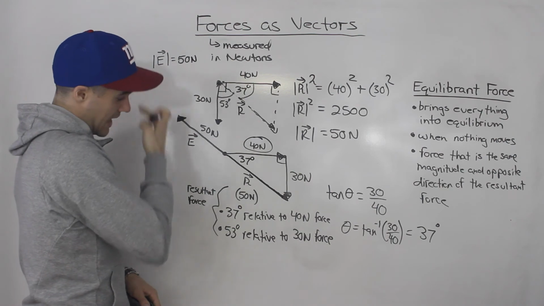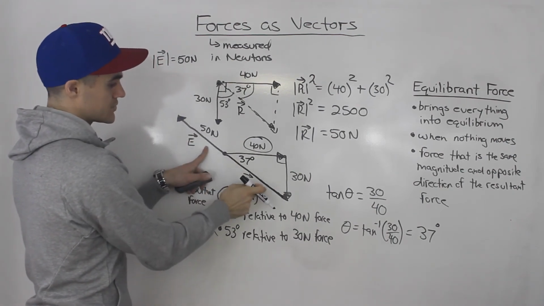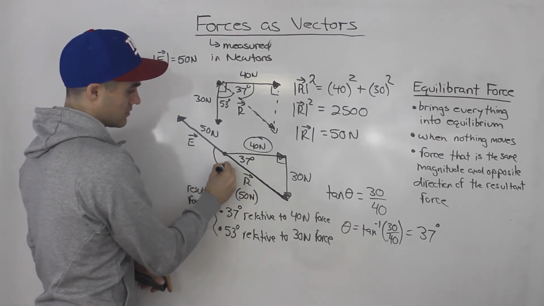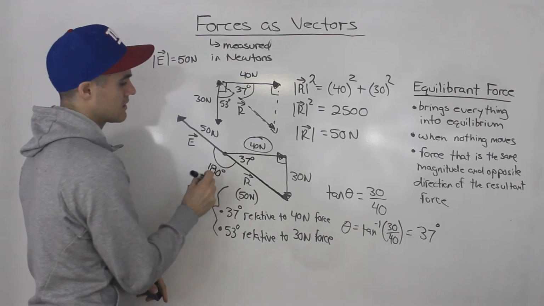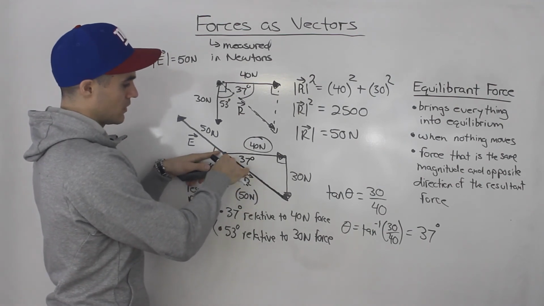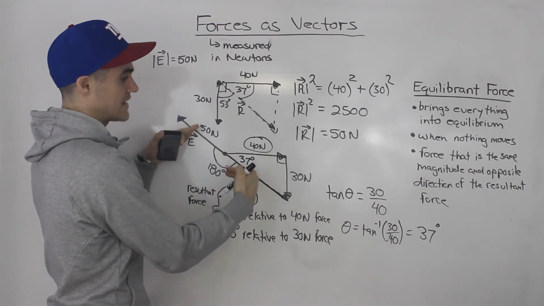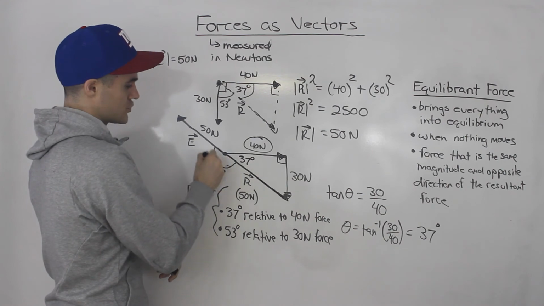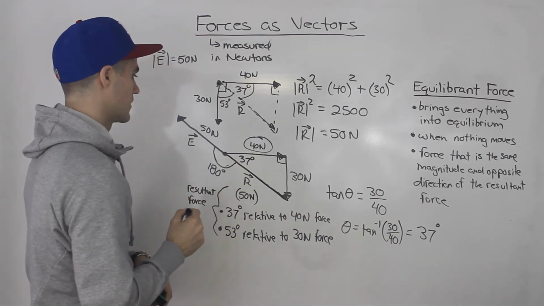Well, notice that since the equilibrium force is always going to be the opposite direction of the resultant force, the angle between both of them is always going to be 180 degrees. Basically, the resultant force and the equilibrium force will always make a straight line, no matter how the diagram is made. So the angle for a straight line, basically 180 degrees.